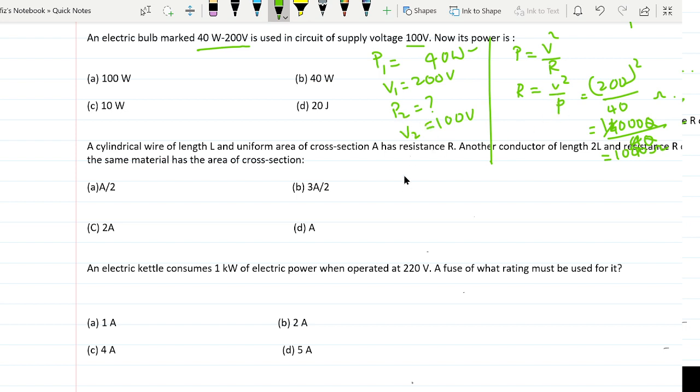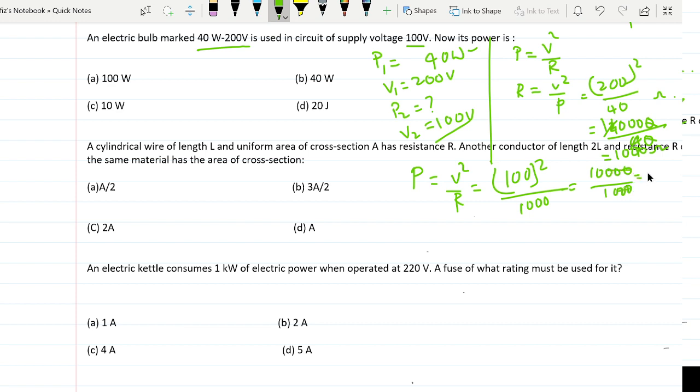Then now easily you can find the power when it is operated at 100 volt. Now power is equal to V square by R. Voltage now is 100 square divided by R. Resistance we have got, it is 1000. 100 square is 10,000 divided by 1000.